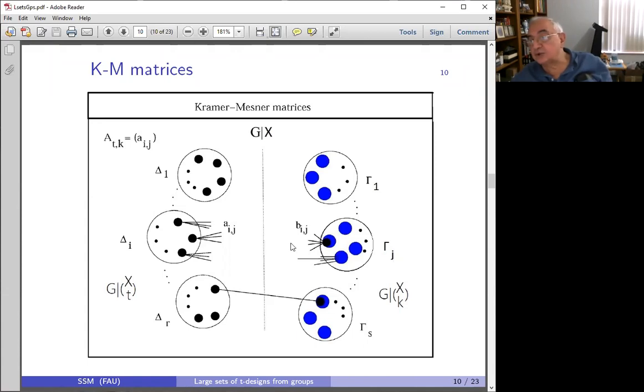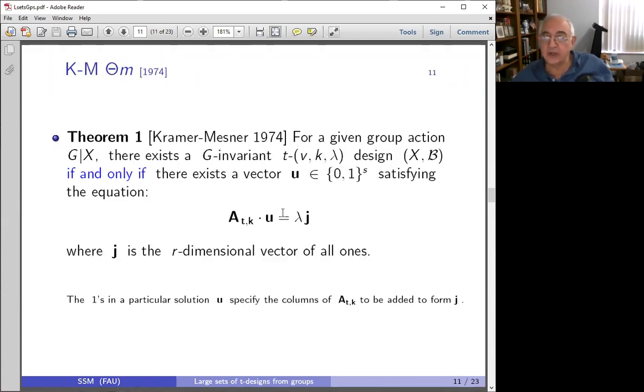And of course, there's a dual quantity Bij, and there are some relationships which are easy to consider. Okay, so now the Kramer-Mesner theorem is the following.